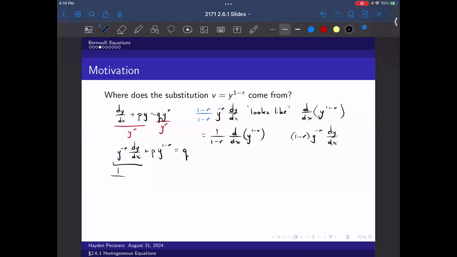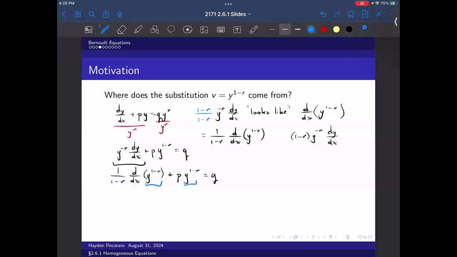And this whole thing is equal to 1 over 1 minus r d dx of y to the 1 minus r plus p times y to the 1 minus r equals q. And so now you have the same function of y in both the derivative and y itself. And actually, this will serve as a proof that it is linear.